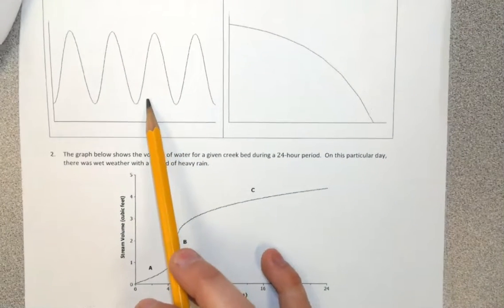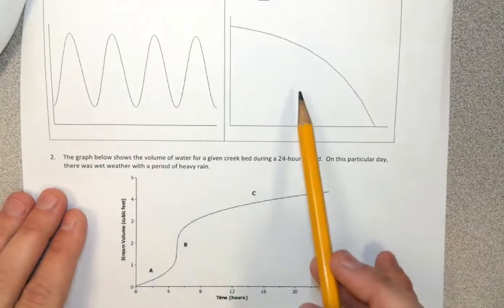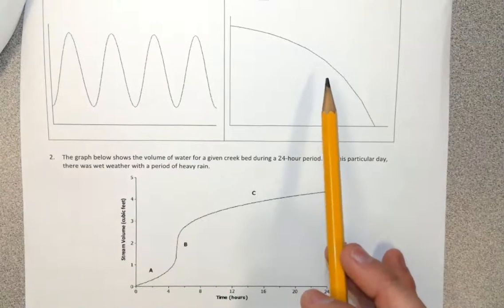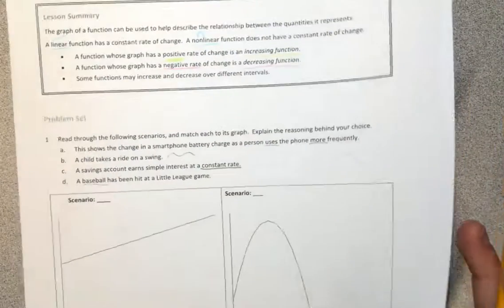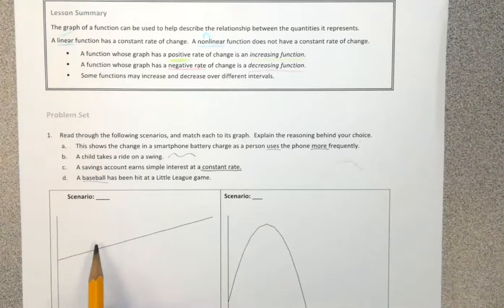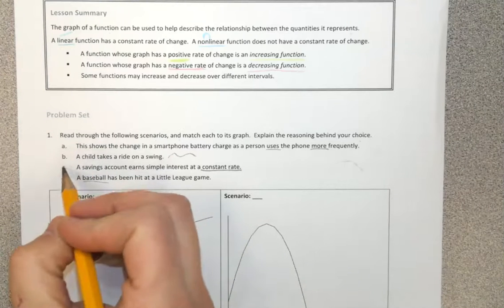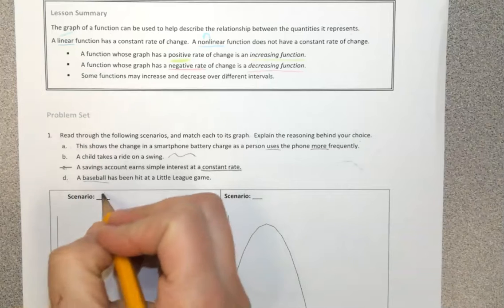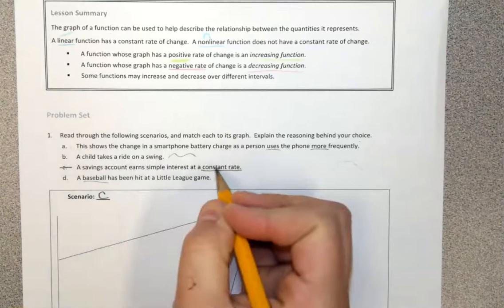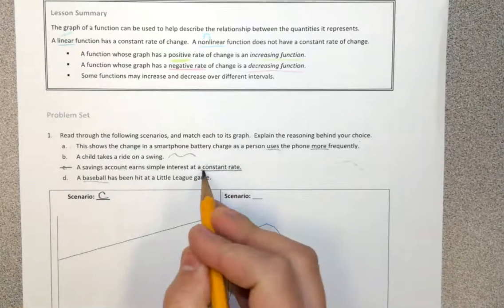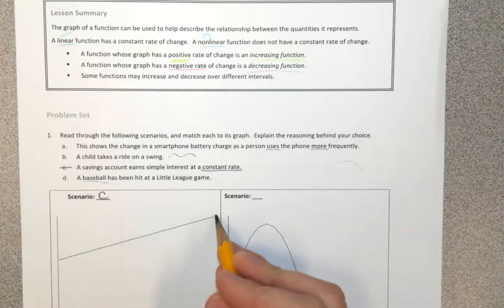This one's definitely not a straight line. It's like the waves of the ocean. And this one's not a straight line. So I know just by doing the process of elimination that this graph represents C, a savings account earns simple interest at a constant rate. And I know that without a doubt because if you look, it says constant rate. So it's my only one that's a straight line.